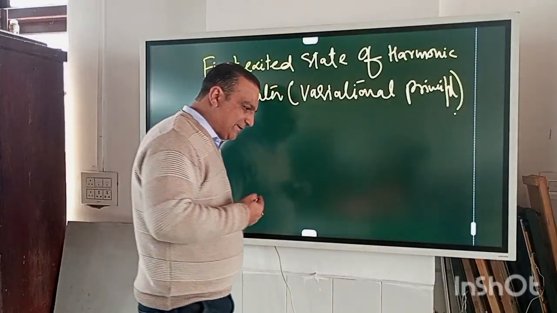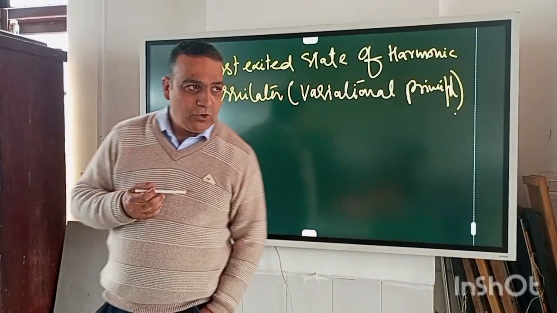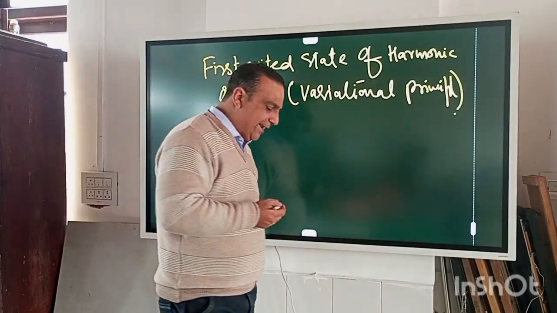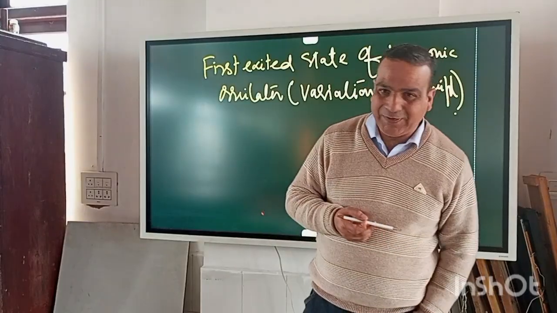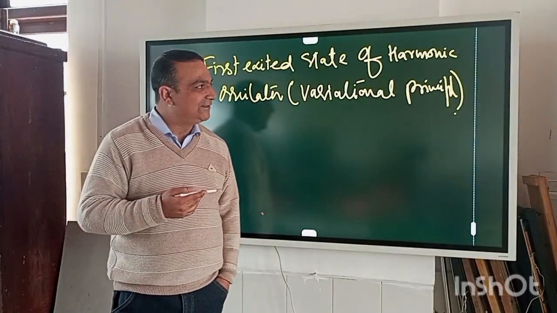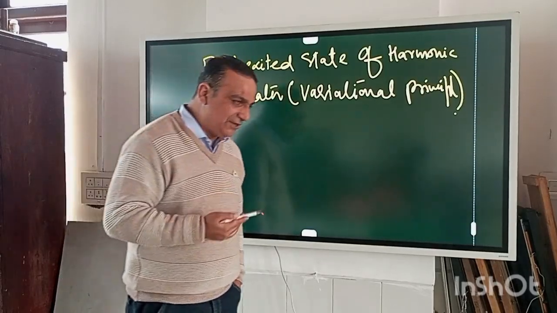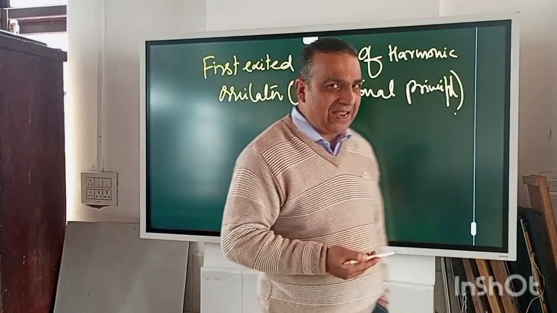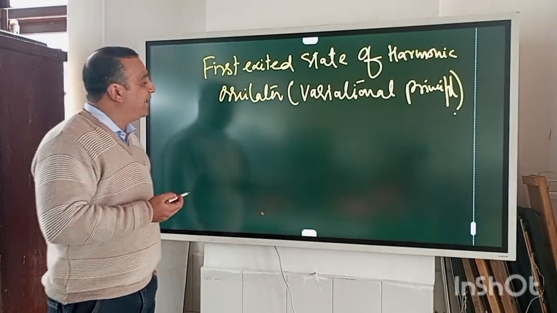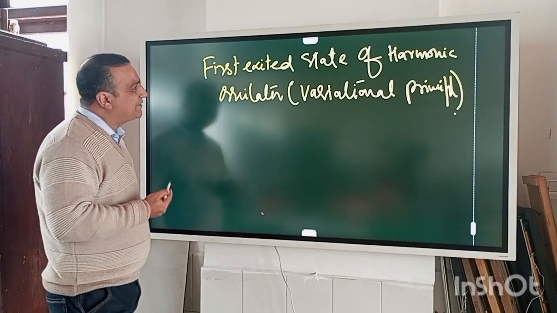In the previous video, we talked about the ground state of the one-dimensional harmonic oscillator problem, and we solved it by choosing the exact trial wave function, because the wave function is exactly calculable for the ground state of the one-dimensional harmonic oscillator, and the same thing is true for the first excited state.